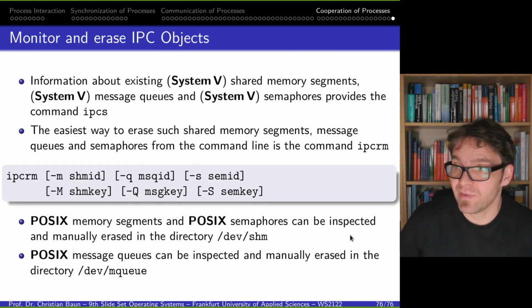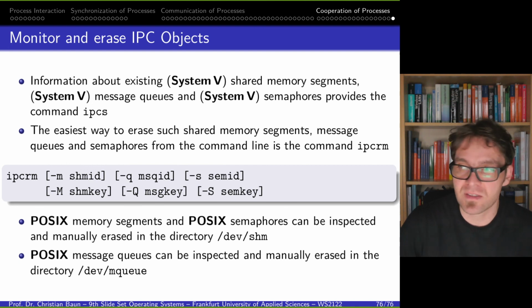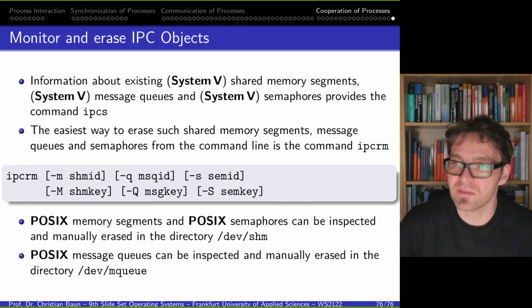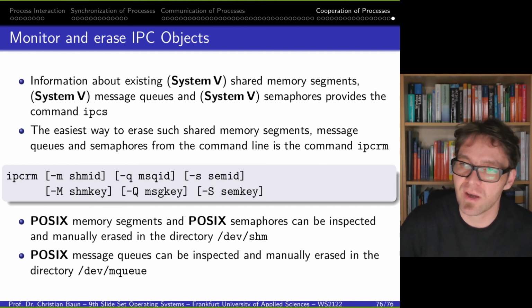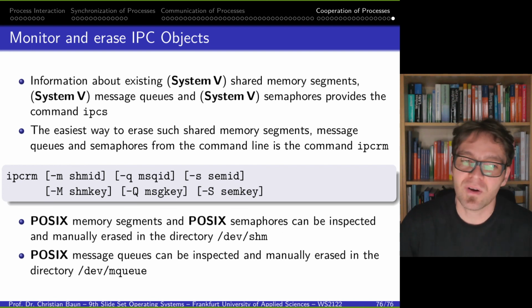So, final slide. If you want to implement stuff with shared memory segments, message queues, semaphores, and if you are happy to go the System 5 way, there's one tool which is really important for you. It was IPCS for monitoring, but there's also a second tool, IPCRM.